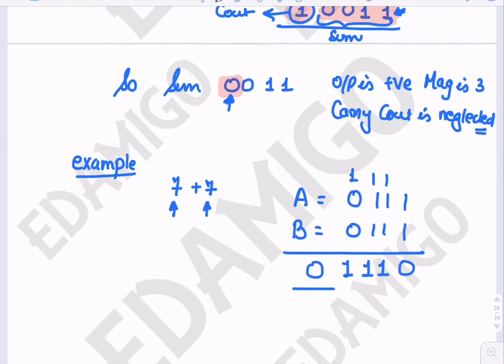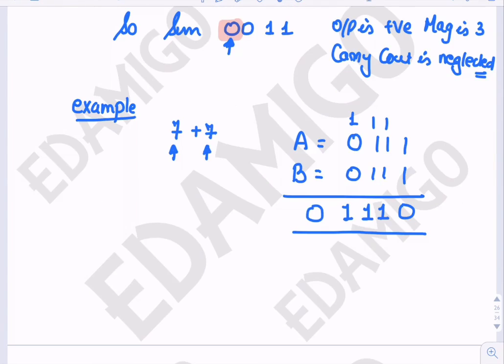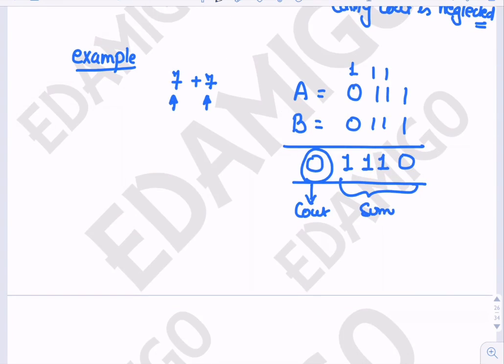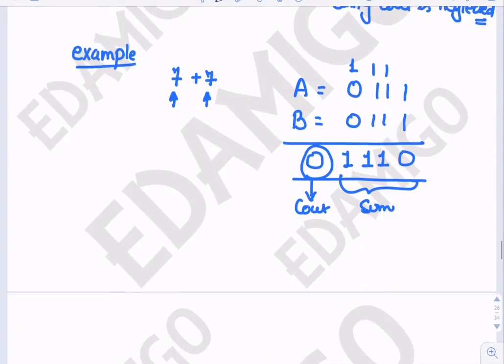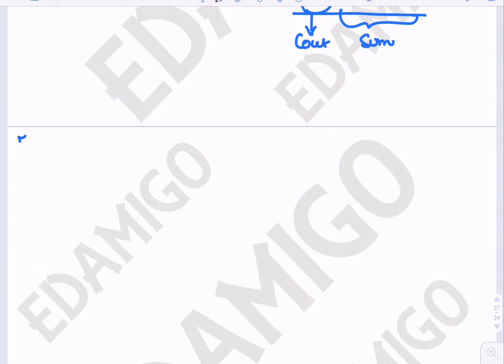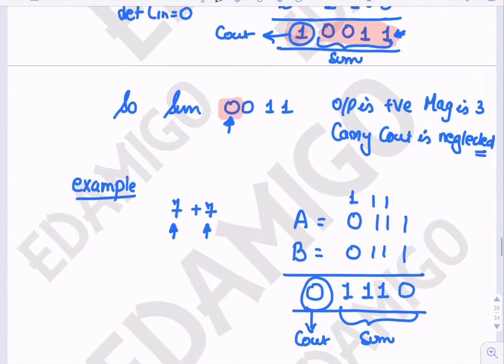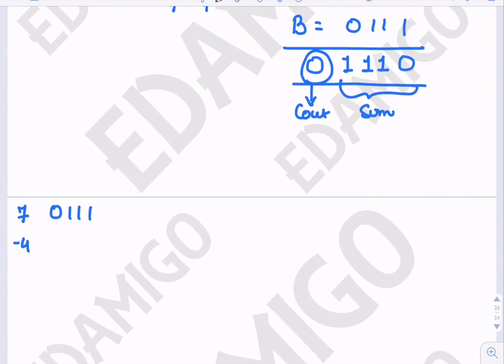So this is the carry output, this is Cout, and this is your sum S. Now we will analyze this, but first let's look at the examples first. Let me not waste page here, just for simplicity I'm writing it again. 1 0 0.